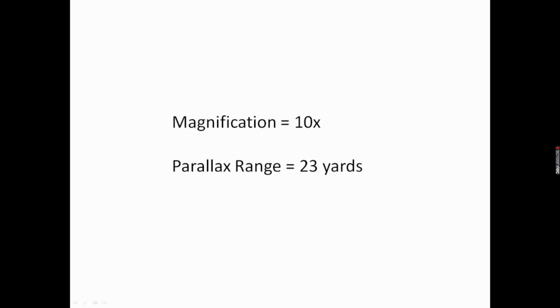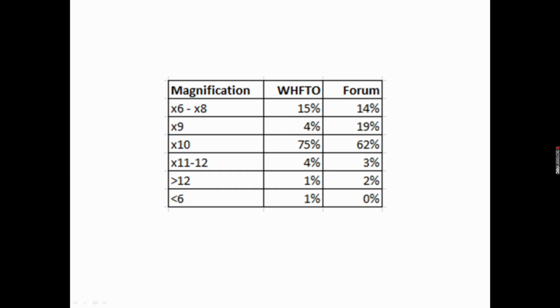let's move on. As I mentioned before we switched to this segment, I've been able to correlate information from an online forum and also from competitors' entries to the World HFT Championships to see what they use. So first off, let's have a look at the magnification. I put it in a chart here.